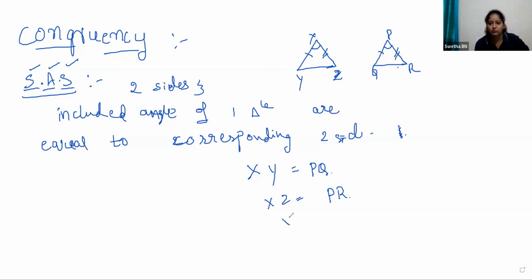Okay, two sides and included angle. So what we have to write? Angle X is equal to angle P. So this is side, this is also side and this is angle. See, SAS according to, see, we have proved any three elements are equal in the triangle. Okay, in that first we are going to prove two sides and one angle.